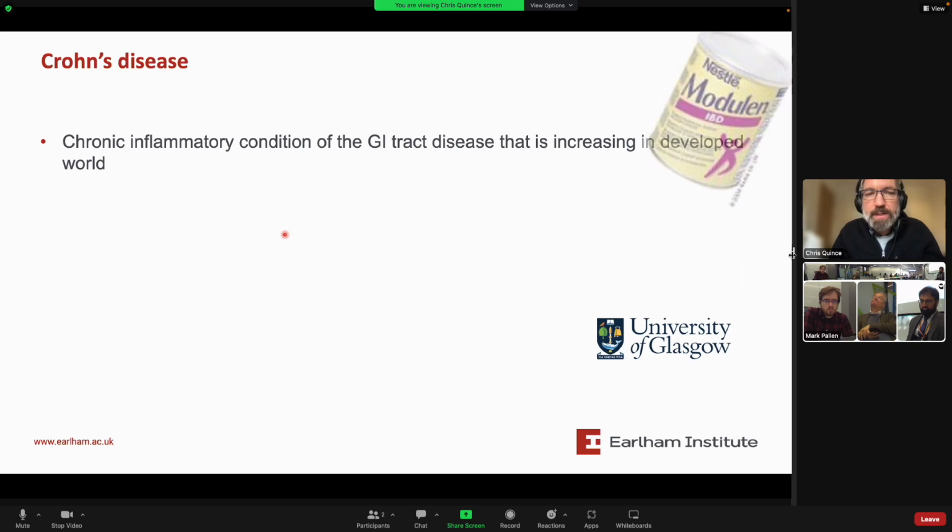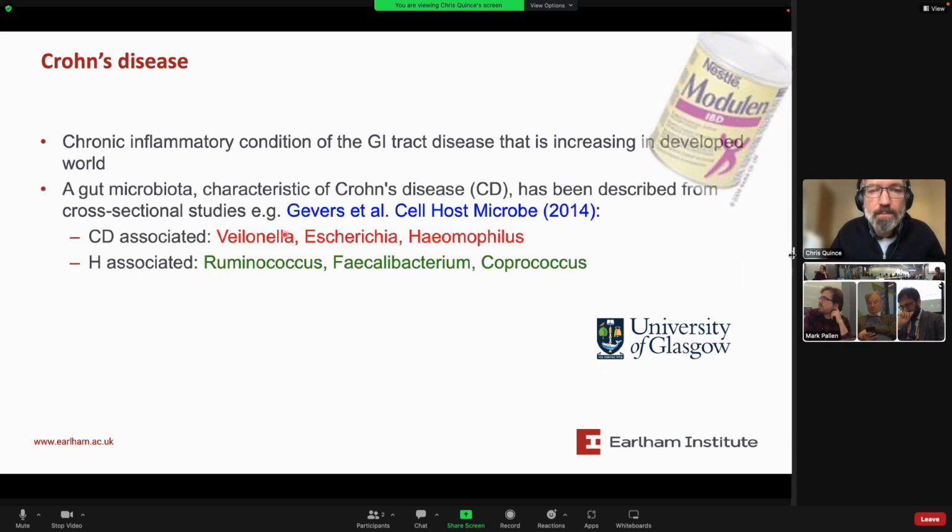It's a chronic inflammatory condition of the GI tract, and it's increasing in frequency in the developed world, and now also in the developing world as they adopt more westernized diets, and we don't really understand why.